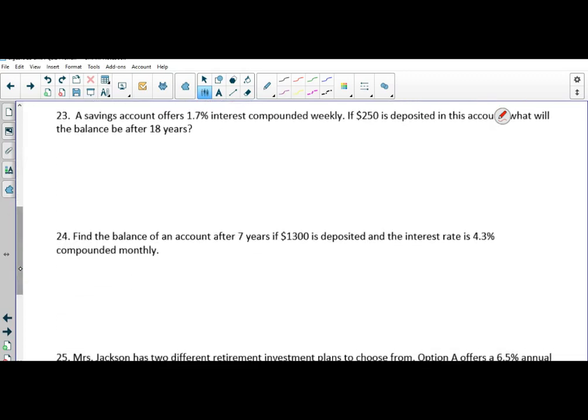Okay, 23. There's our key word. As soon as we see that, we know we're doing the compound interest formula. So we're putting $250 in the account. The interest rate is 0.017. That goes up top. It is compounded weekly. That is 52 weeks in a year. And that also goes right here. Times 18 years.